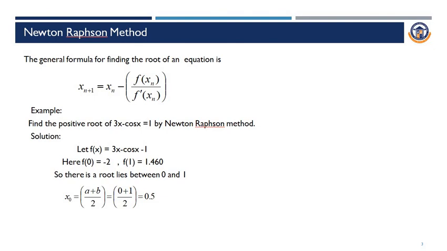The general iterative formula which is used in Newton-Raphson method is x(n+1) equal to x(n) minus f of x(n) by f dash of x(n). This is the iterative formula which can be used in Newton-Raphson method to find the solution of an algebraic equation, or it may be a transcendental equation.